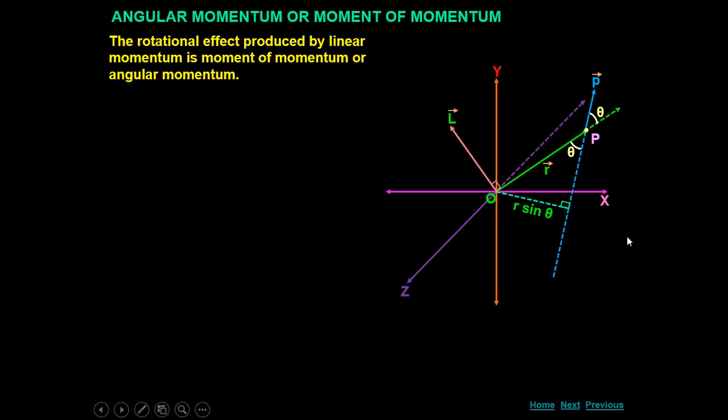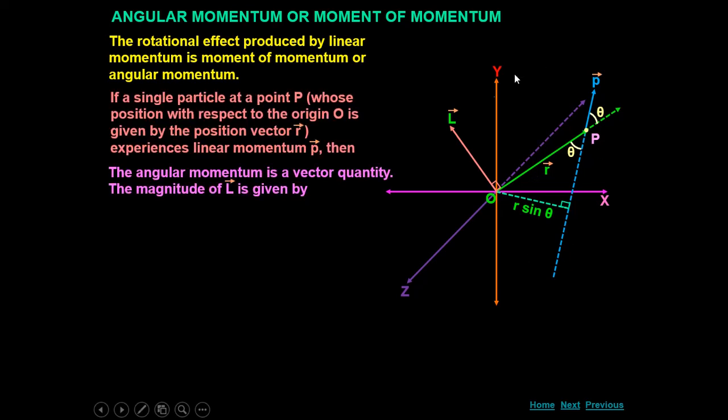And this is the direction of angular momentum, exactly perpendicular to the plane in which this linear momentum and this position vector are present. This direction can be obtained by again the screw rule or right hand thumb rule.